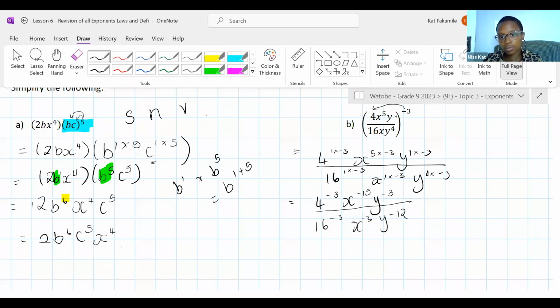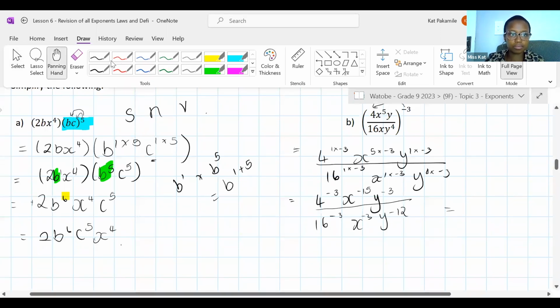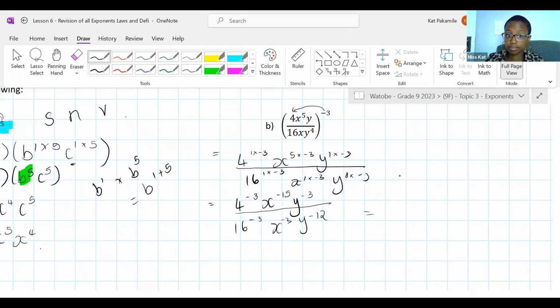Equals. Where are we going now? First we divide 4 and 16. That will be a little bit difficult, don't you agree? What's 4 to the exponent of -3?